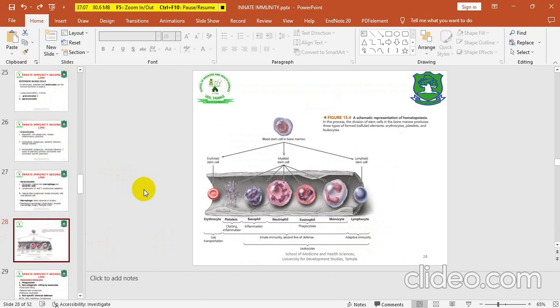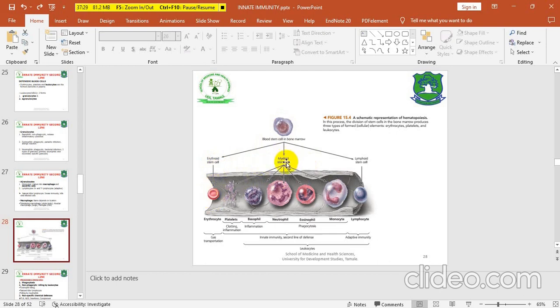So this is what happens. Let's see. So we have the erythroid stem cell here producing the erythrocytes. Whenever you hear stem cell, blood stem cell, that is the ancestor cell that produces all these cells. So you can see the erythrocyte. This is the red blood cell.